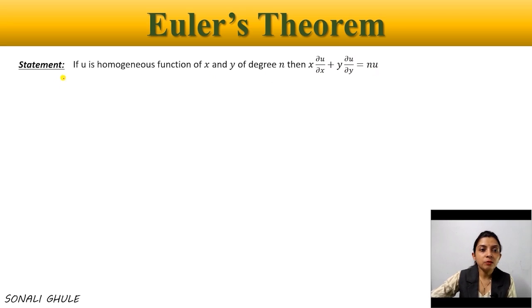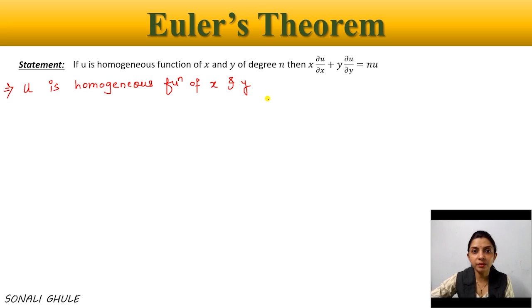Okay. Now see, what is the given part here? If u is a homogeneous function of x and y, means it is given that u is a homogeneous function of x and y. That is the given part.